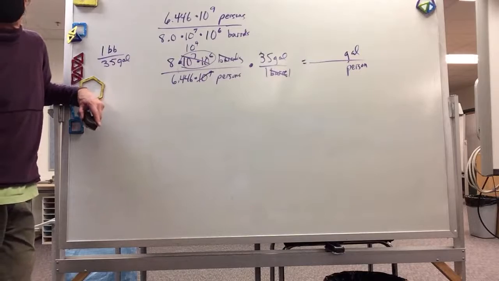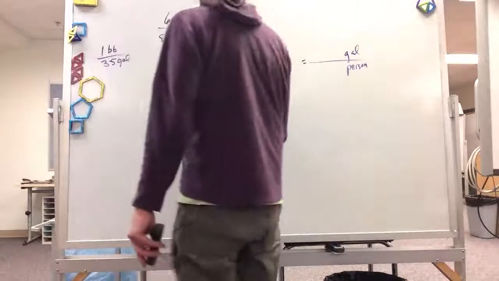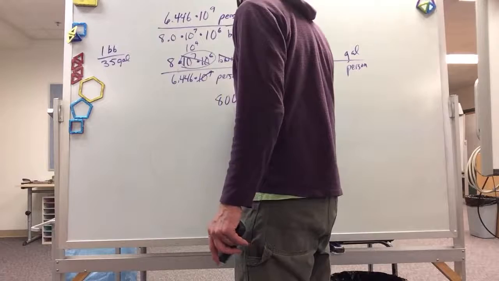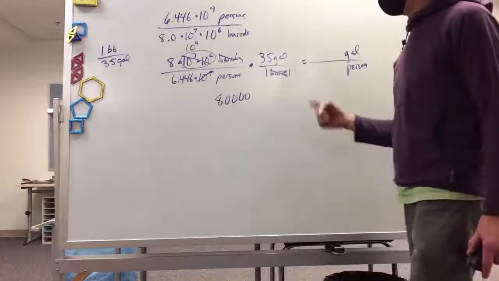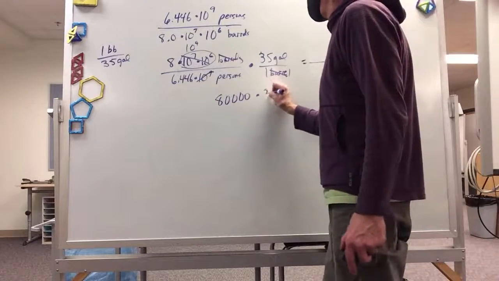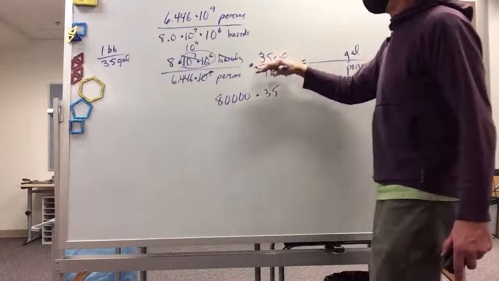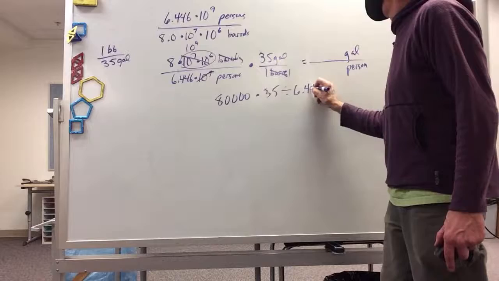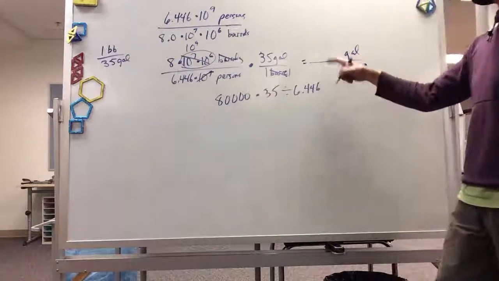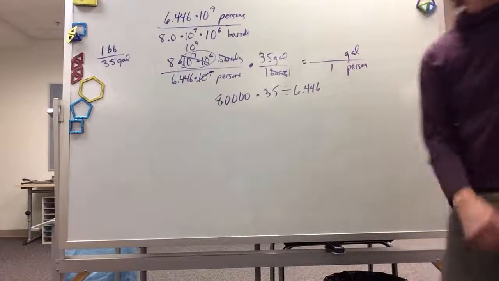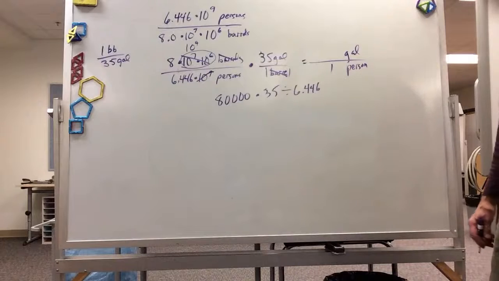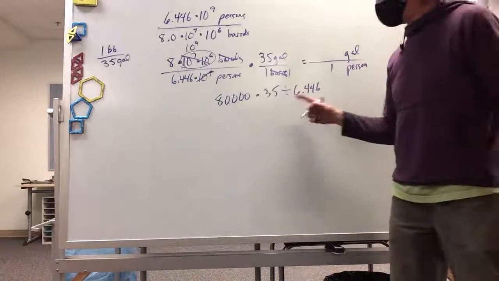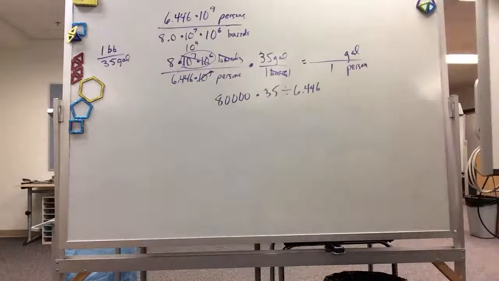There you go. Now that is a lot easier to do in a calculator, because 10 to the 4th is just 4 place values. So in the calculator, this number is 80,000 on the top, times 35, divided by 6.446. And that gives us our gallons per 1 person. So what is that? Multiply it up and divide. I've got to do it too, just to see what I get.